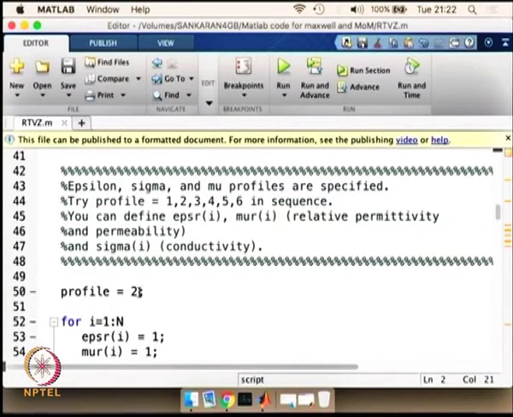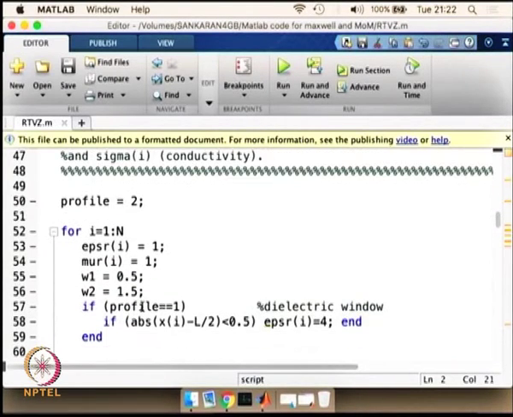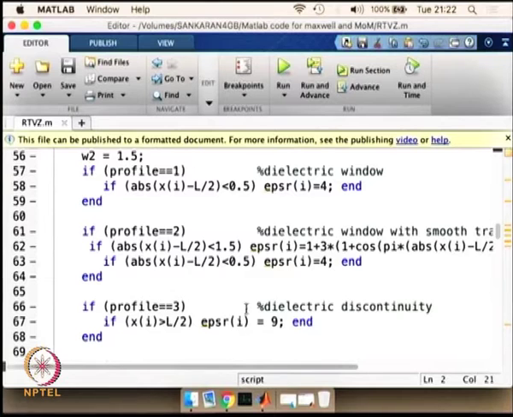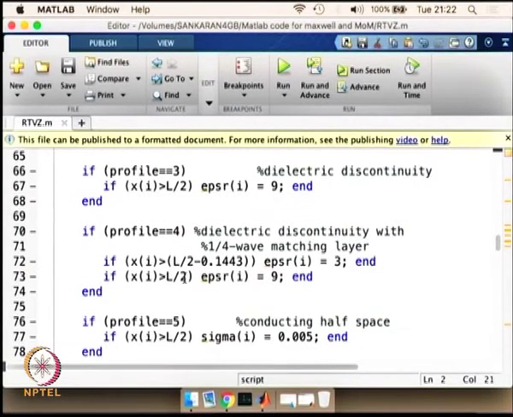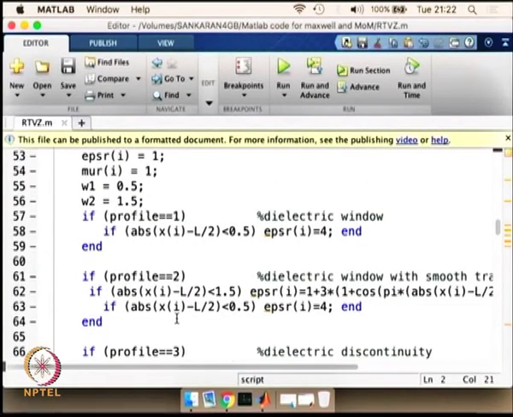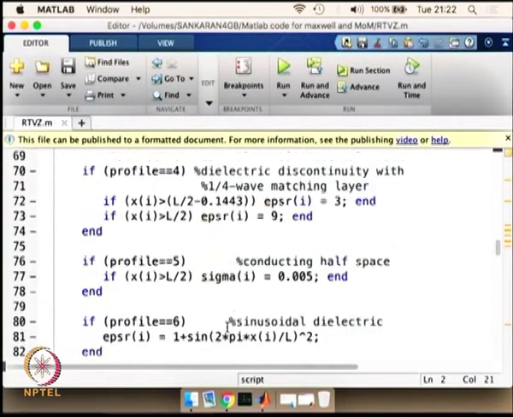For example, we have tried a profile of 2, and if the profile is 2, the value of epsilon r, mu r inside the medium is going to change, and the dielectric constants are going to also change, and the window is going to have a different discontinuity. So we are going to use the profile equal to 2 initially, and then we are going to see other profiles as well.